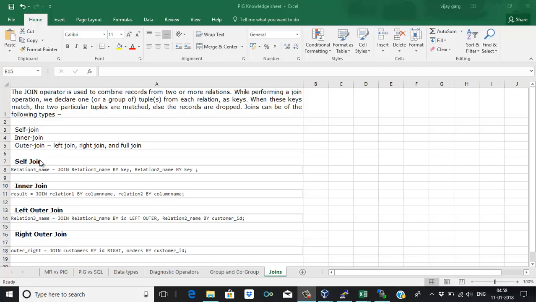So self join is basically a join on a single relation. Okay, if we join the customer file with the customer file itself, that will be called self join. If we want to get the common data from both the input files, like which customer did which transaction, we can join both the data sets with the help of the id column.